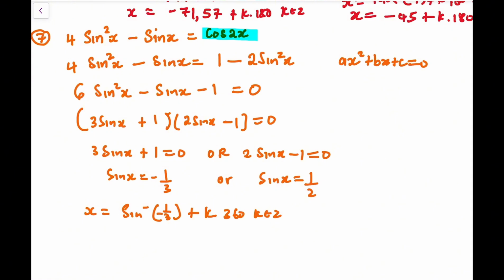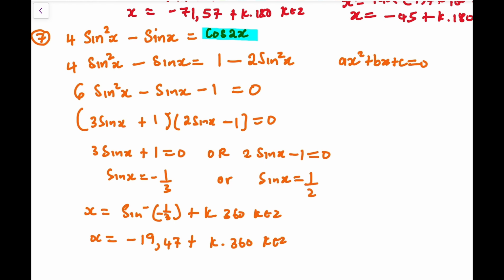Please note that with this method that I'm using, the graphical method, I do not ignore the negative sign, unlike the reference angle method, where you will always ignore the negative sign. So here I'm getting x is equal to minus 19,47 plus k multiplied by 360, where k is an element of all integers.